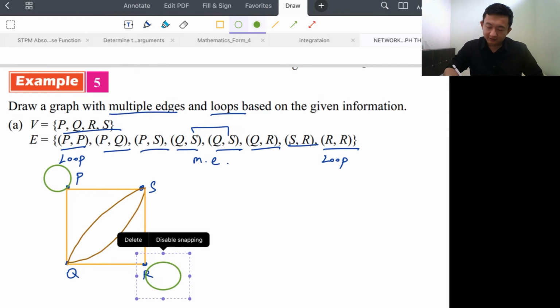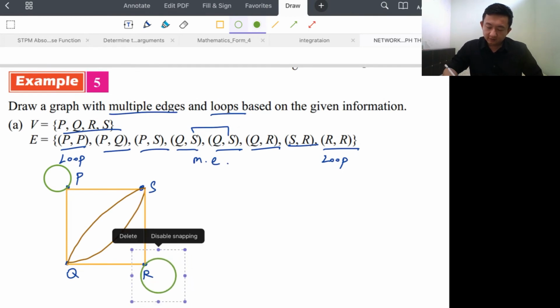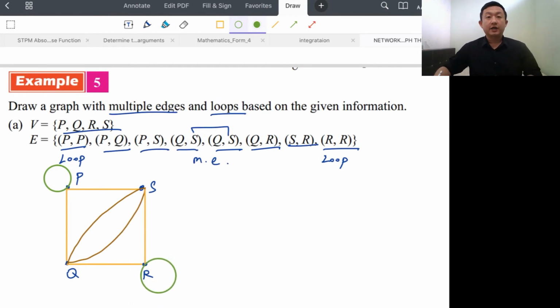It doesn't look like a circle. So this is your graph with multiple edges and loops. It could be any other form as long as you fulfill all the criteria here.